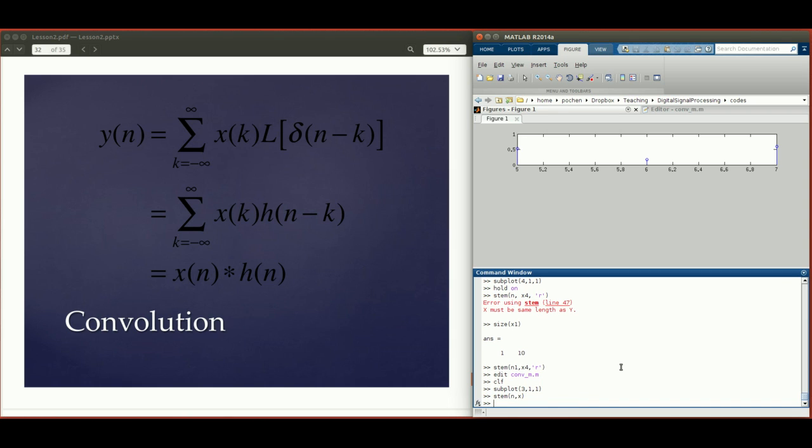The first one is still nx, the signal that I just used to validate the impulse superposition, the unit sample representation of an arbitrary impulse. Let me change the xlim to go from 1 to 10. That's going to be our input signal. Now let's generate an arbitrary impulse response.